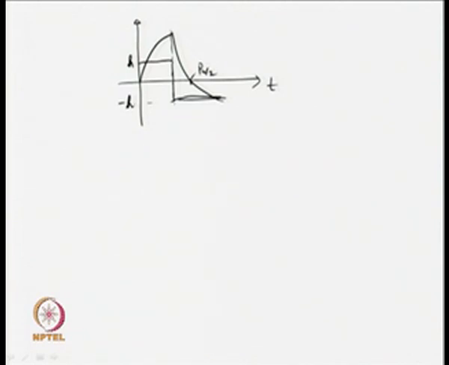Now, what is the output? Peak output. Peak output is nothing but y theta is equal to a p, the peak amplitude. And also we know that x 0 is equal to y 0 is equal to 0. So, the output at a zero crossing is equal to 0.